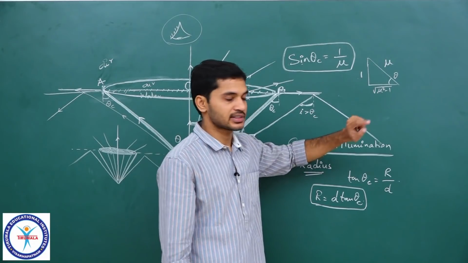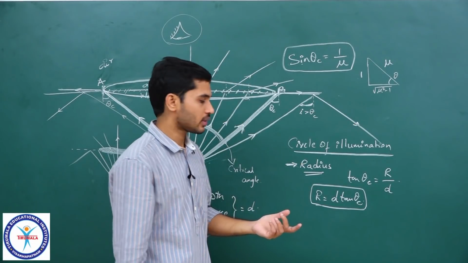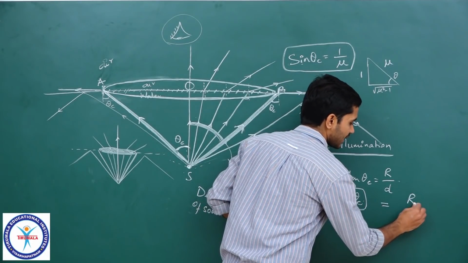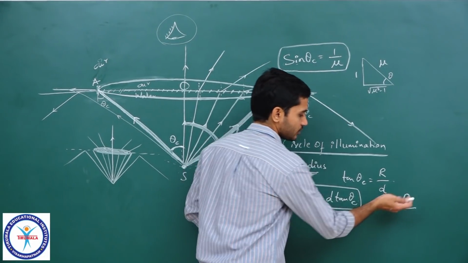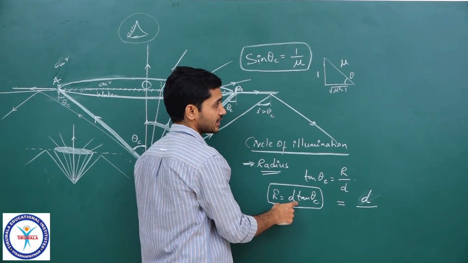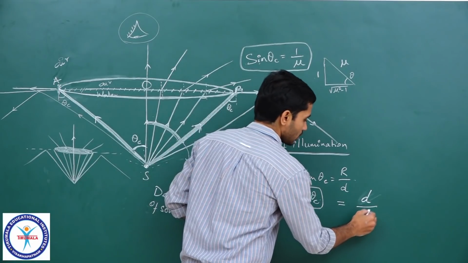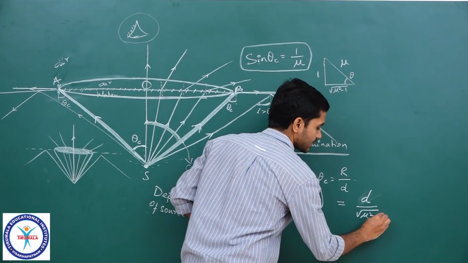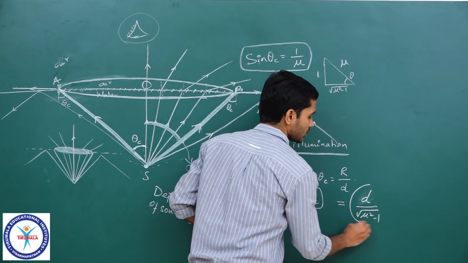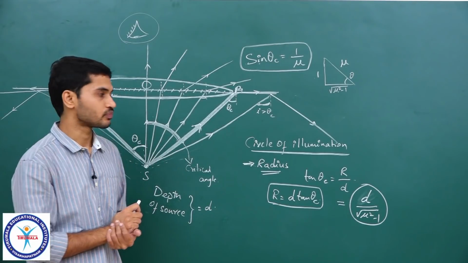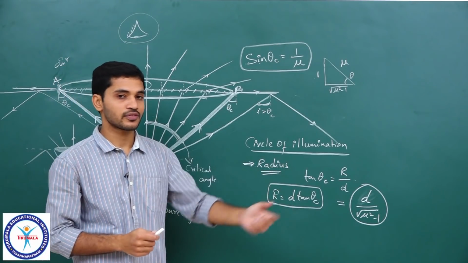Opposite by adjacent, which is 1 by root over mu square minus 1. So, we can substitute that also and we can write the expression as d times tan theta c, where tan theta c would be 1 by root over mu square minus 1. So, this would be the final expression for the radius of illumination, clear, radius of circle of illumination.